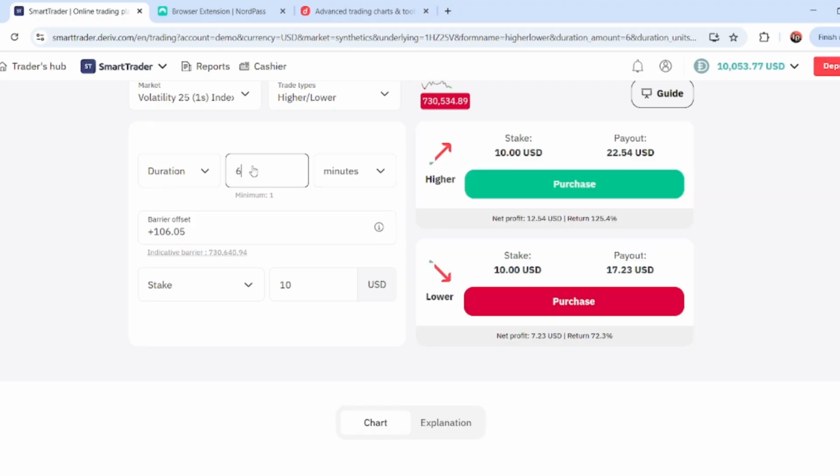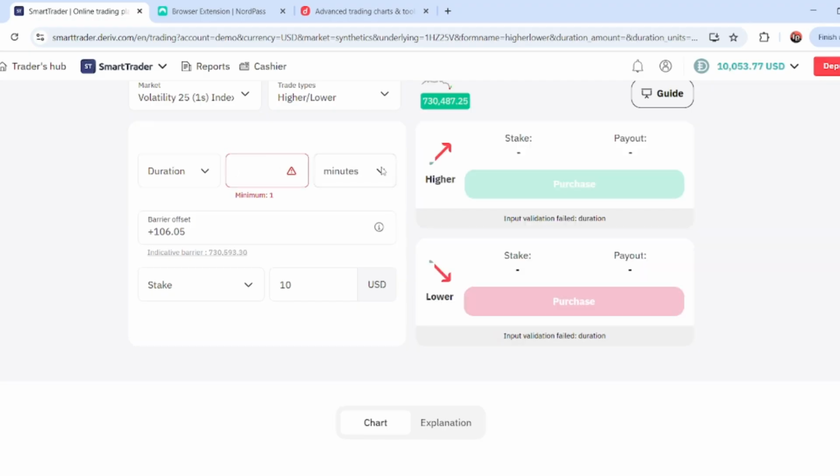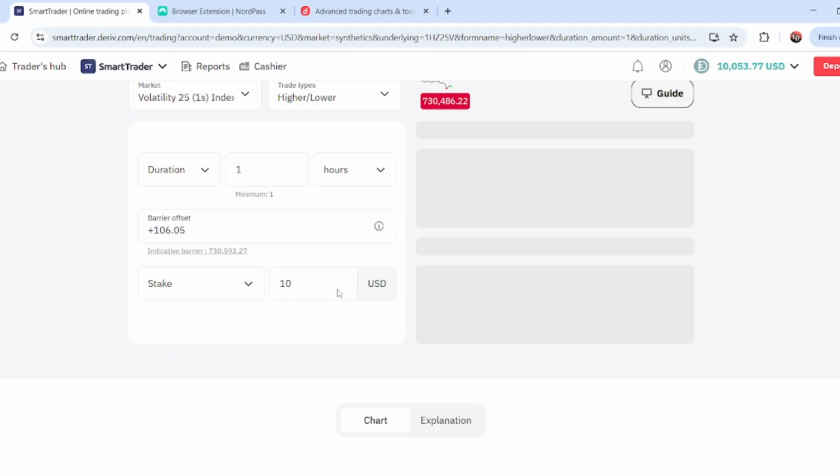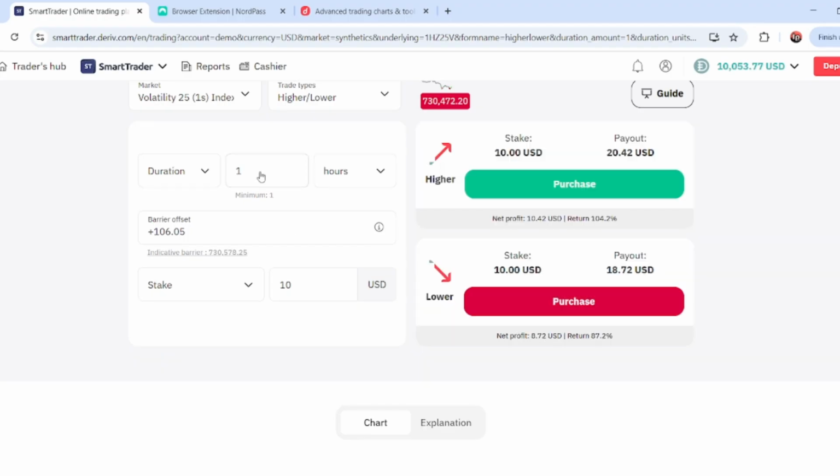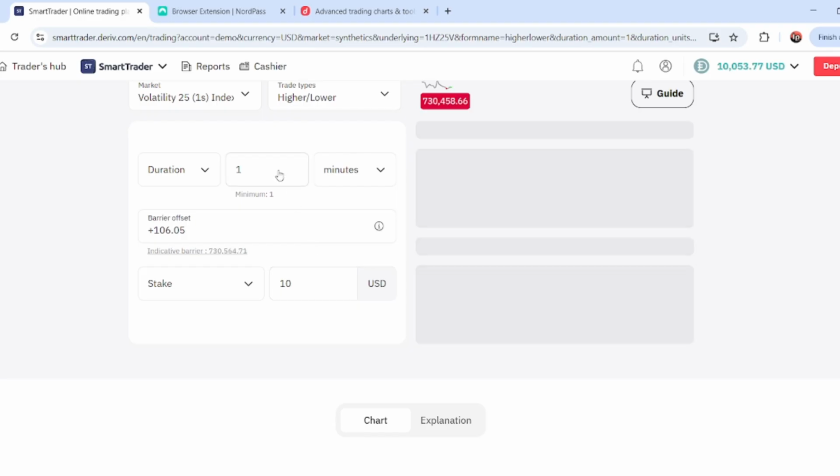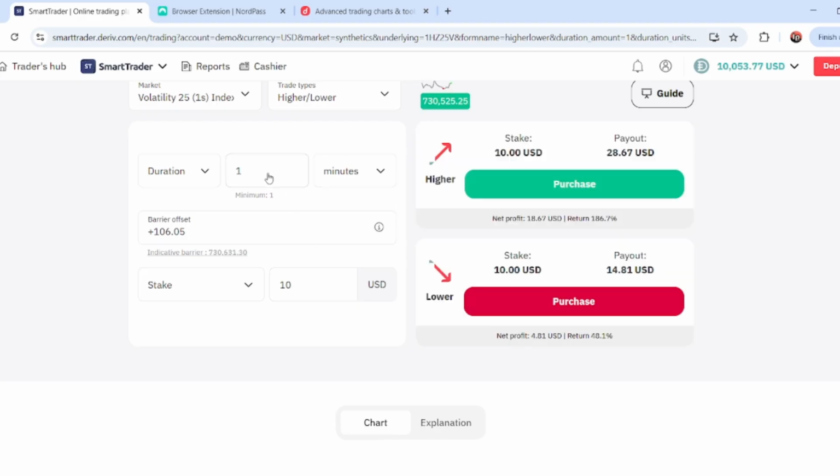Let me do hours. When you do hours, that means you can get a contract duration of above 1 hour. You can also do minutes depending on how the candlestick moves.